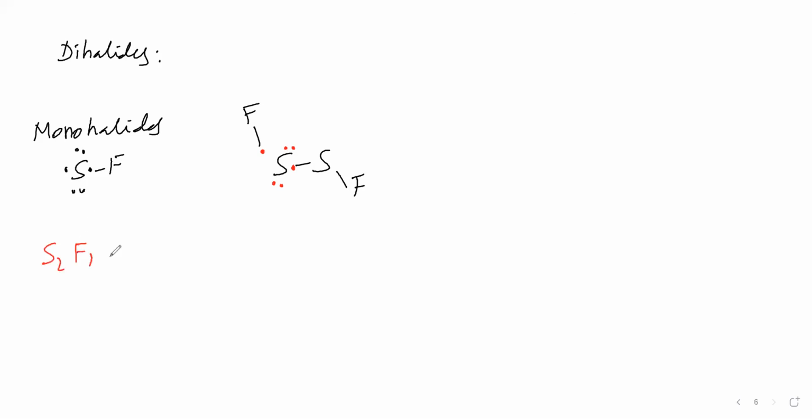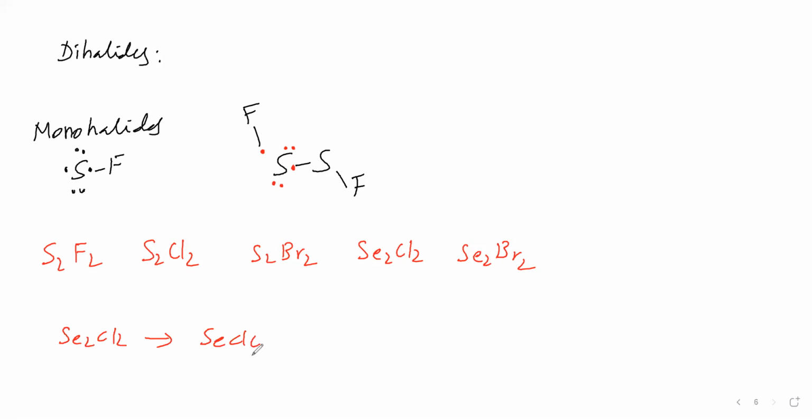Sulfur monofluoride, we can write it as S2F2. Sulfur monochloride, S2Cl2. Sulfur monobromide, S2Br2. Selenium monochloride, Se2Cl2. Selenium monobromide, Se2Br2. Like this monohalides we can see. Now, these dimeric halides undergo disproportionation. Se2Cl2 can undergo disproportionation to give SeCl4 and selenium, Se.